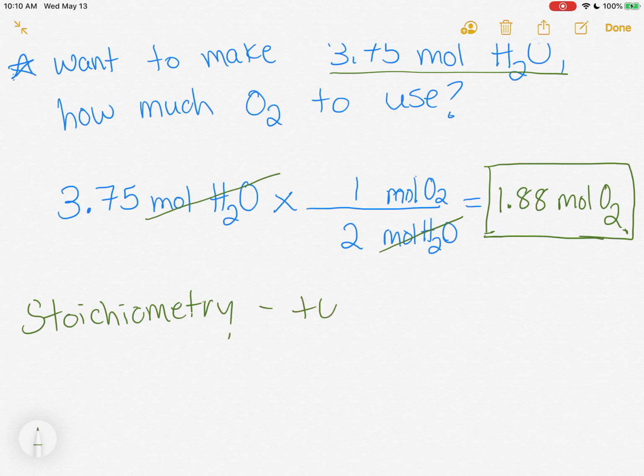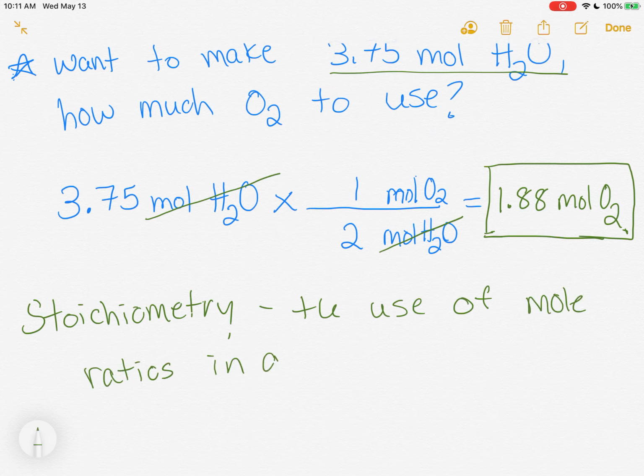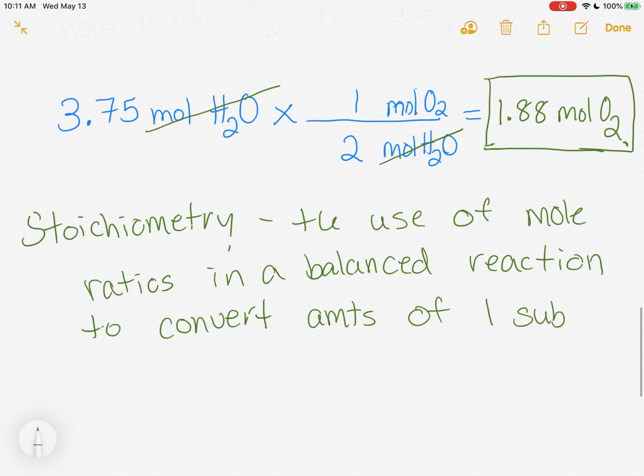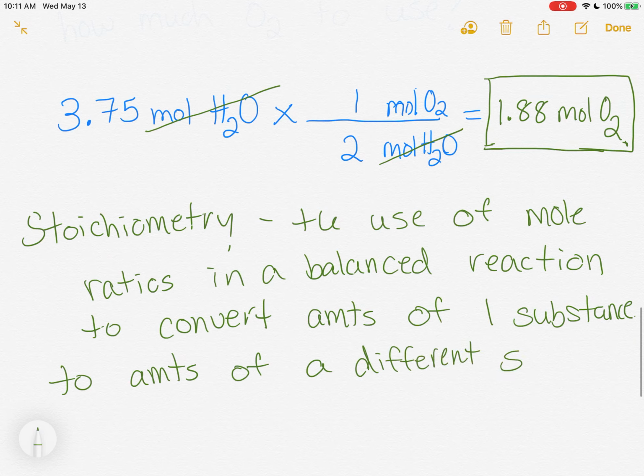All right, so that's how we use our mole ratio, and that's what stoichiometry is. So stoichiometry is really the use of mole ratios in a balanced reaction to convert amounts of one substance to amounts of a different substance.